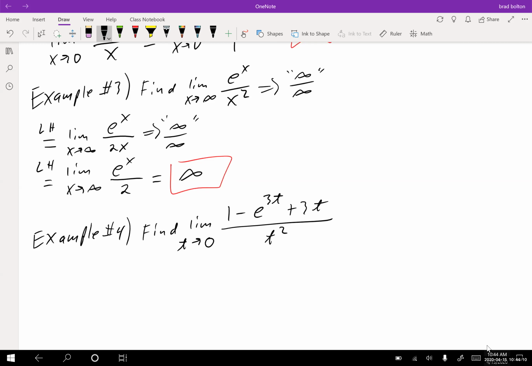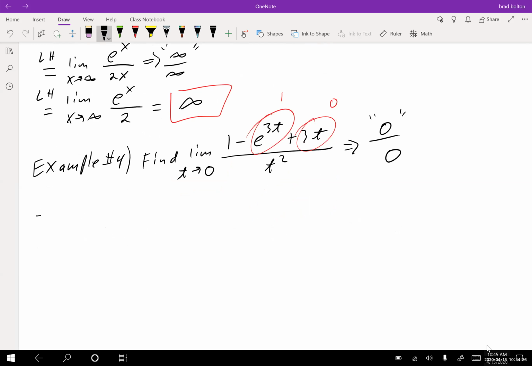If I plug 0 in, we get e to the 0 plus 0. So e to the 0 becomes 1, and this becomes 0. So this will become 1 minus 1, which is 0. So we're going to end up with 0 over 0.